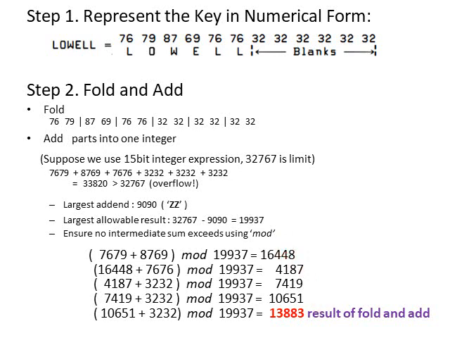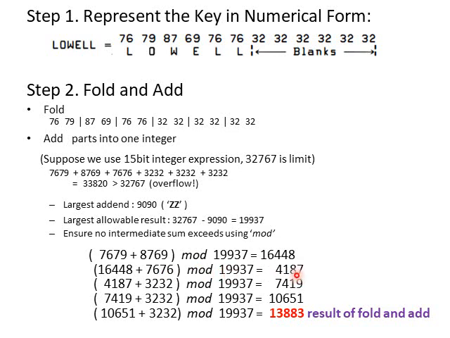In the same way, now I got 16448. For that I'm going to add the next folded character 7676 and once again find the mod. You got 4187.